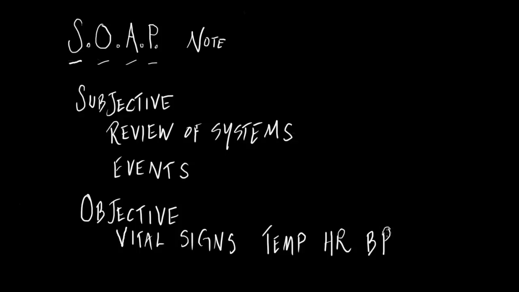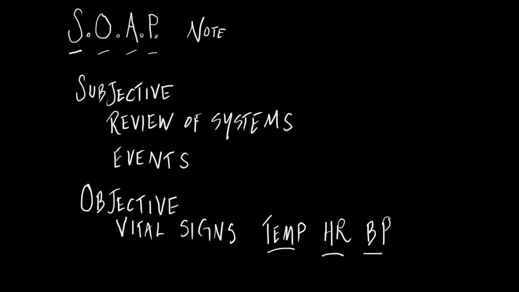These will be measured. The heart rate and blood pressure are measured by the Dynamap, which is an automatic blood pressure and heart rate machine. The temperature is measured, obviously, by a thermometer.